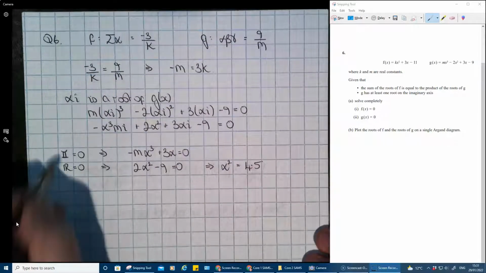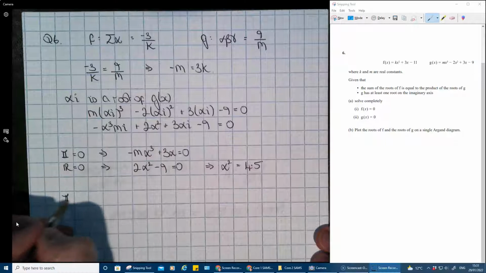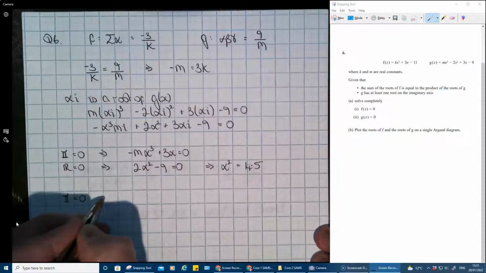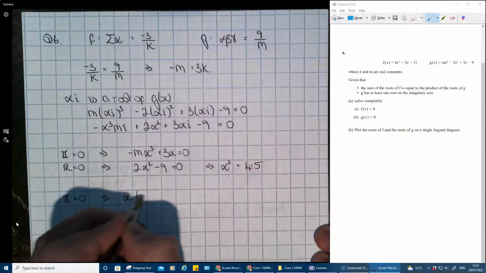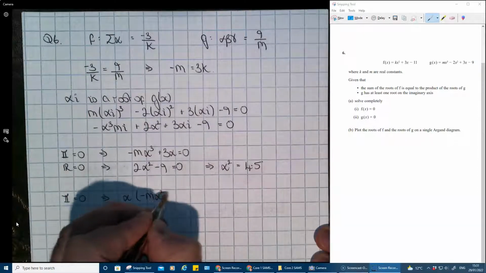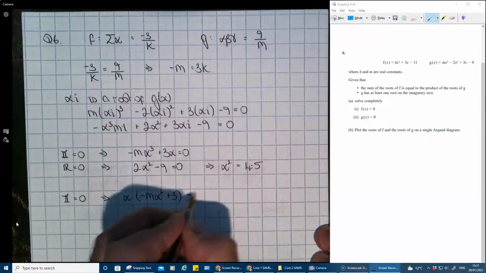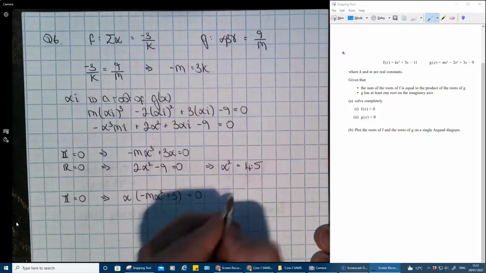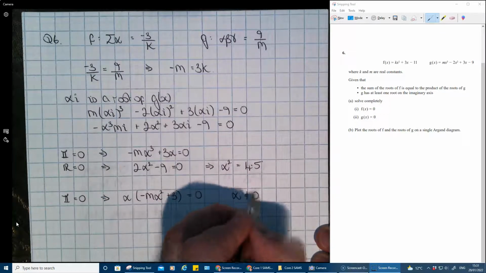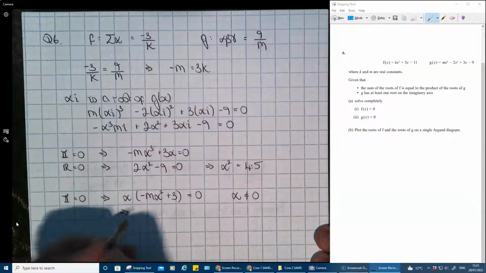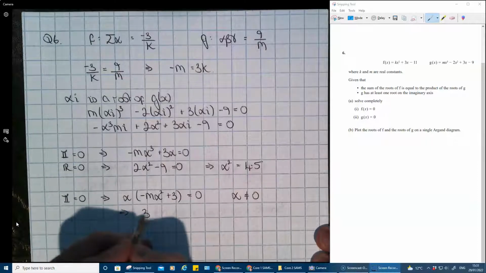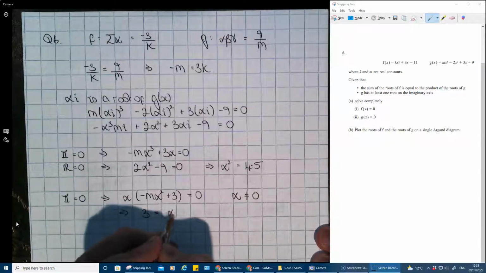Now I go back to the imaginary one. I can take a factor of alpha out, and I know that alpha does not equal 0. So therefore this bracket must be 0. So that implies 3 equals alpha squared m.